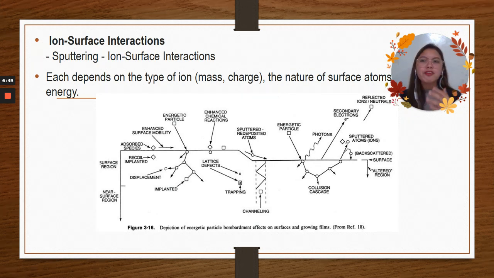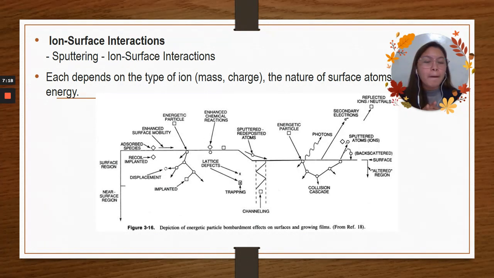What is the difference between them? Ion sputtering is a phenomenon where atoms are sputtered from a solid surface when ionized and accelerated atoms or molecules hit the solid surface. This phenomenon is utilized for formation of a thin film on a solid surface, specimen coating, and ion etching.